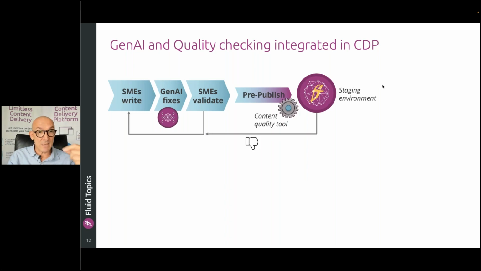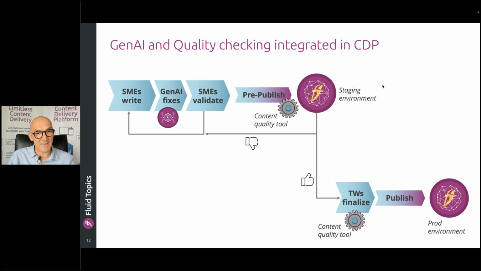And in that part of the process where the content is published to a staging environment, the content quality tool could check the validity of some of those rules and ask the SMEs to make the change themselves until the moment the content is valid.